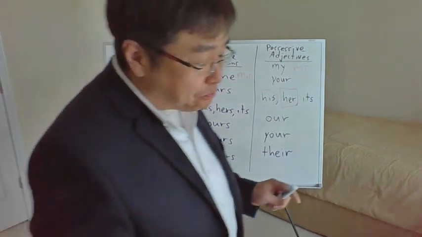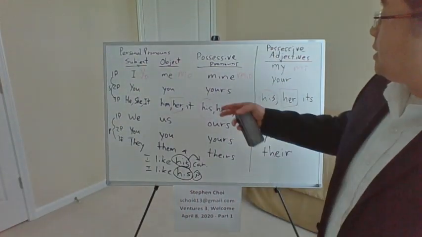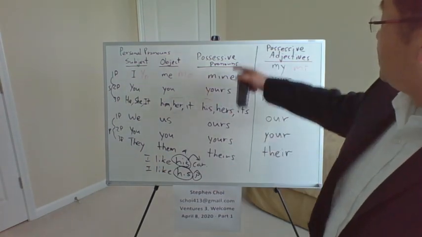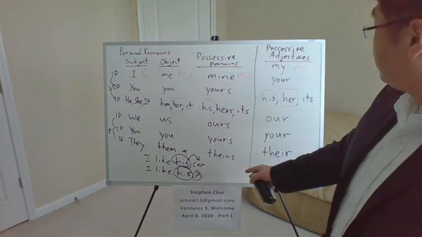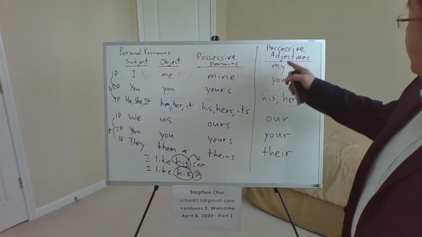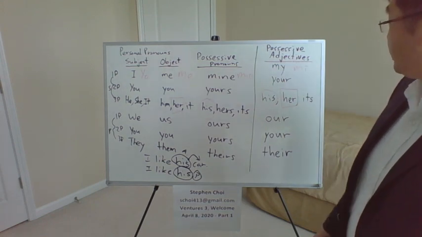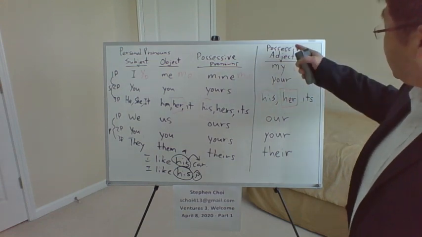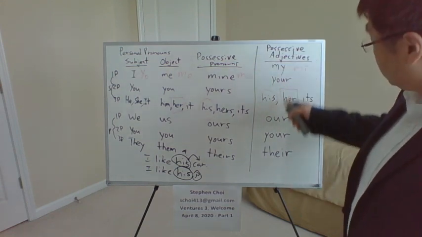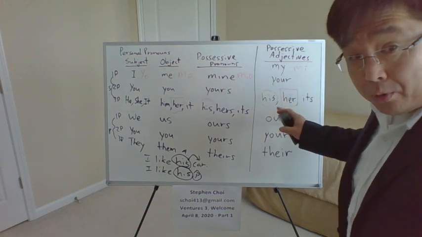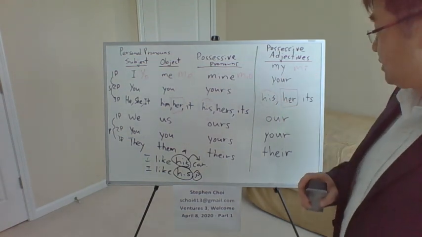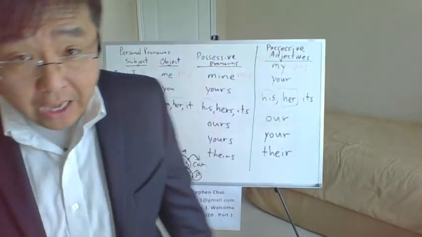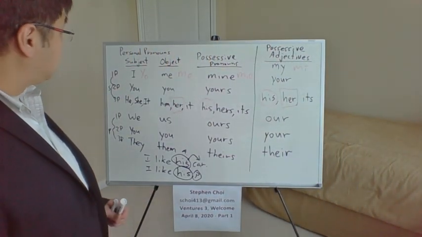So these are the personal pronouns: subject, object, possessive pronouns, and over here we have possessive adjectives. Once again, I like to remind you, they look like pronouns, but they're not pronouns. They are adjectives. And I want you to remember that. Do you have any questions or comments about this?